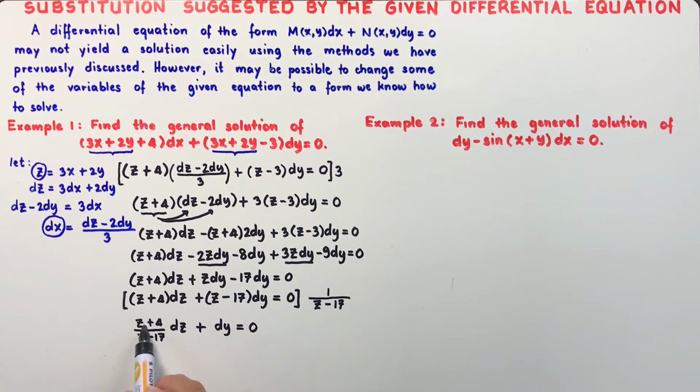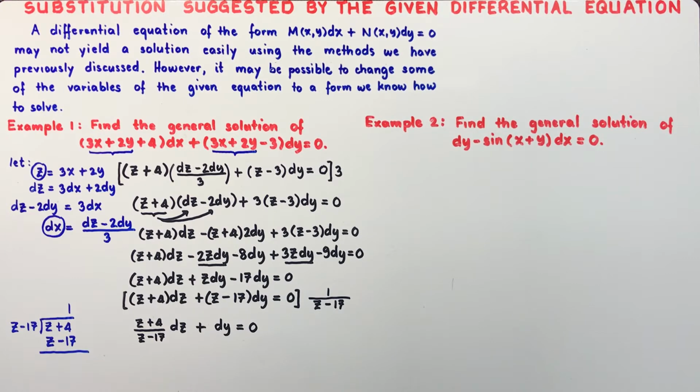Why? Because the degree of the numerator is 1, which is equal to the degree of the denominator, which is also 1. Therefore, we need to divide the numerator by the denominator. If we divide our z plus 4 by z minus 17, we have z divided by z, which is 1. And 1 times z is z, and 1 times negative 17 is minus 17.